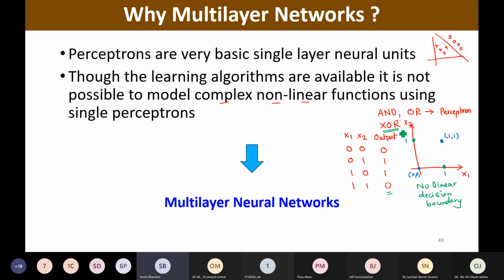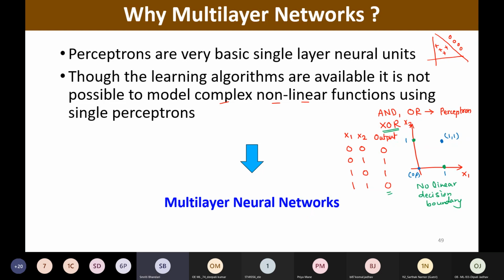So using a single perceptron, it is not possible to get the solution for this exclusive OR function. This is just one example. This function cannot be learned by making use of a single perceptron, and there are lots of such functions. To learn such complex nonlinear functions, we need to make use of a multi-layer neural network.